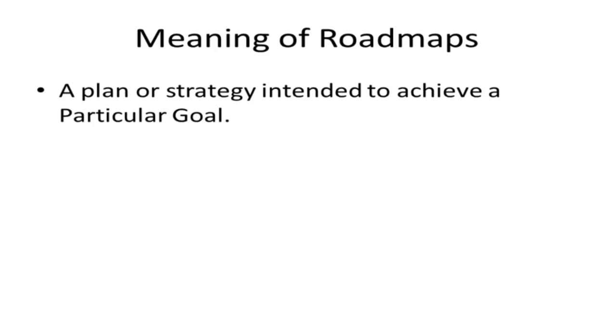So this is a plan that we are trying to represent in a presentation. I'll show you certain examples of how we can represent the data in the form of a roadmap.